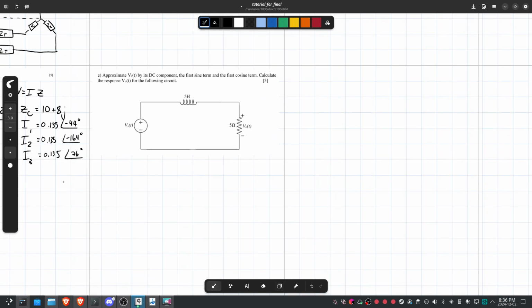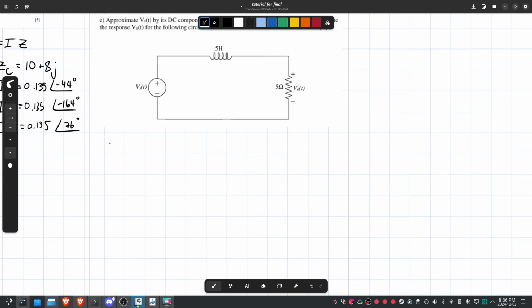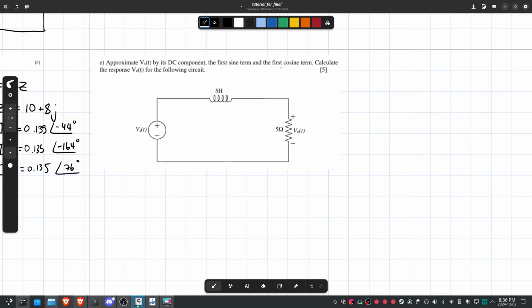So the first sine term is 0, right? We just need the first cosine term and its DC component. So it's going to be 1 plus, and if you do the math, 16 over pi cosine of pi over 4t.